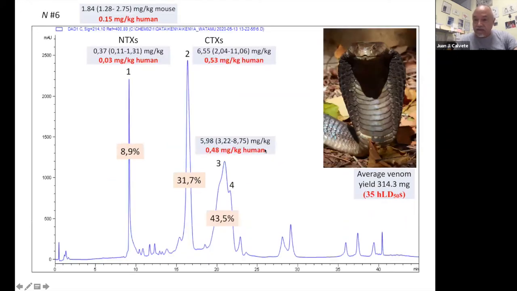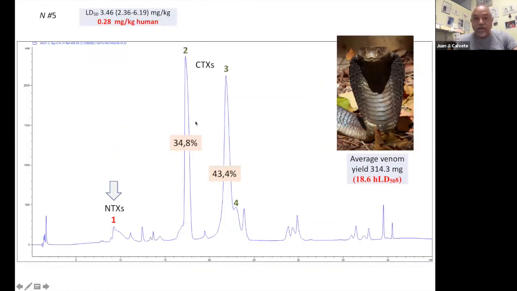So we can estimate here that the whole venom contains 35 human LD50s for this average venom yield, and we determine the LD50 for this other variant, which is 0.28 milligrams per kilogram of human, which amounts to 18.6 human LD50s.